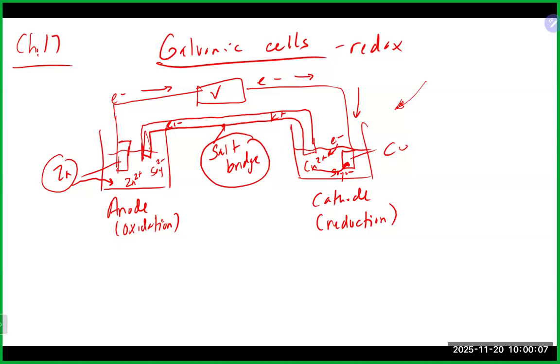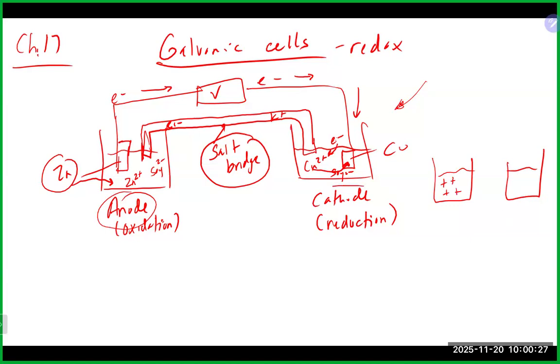Without it, as we talked about before, if you were to pull your salt bridge out, what's going to happen is this side here goes through oxidation, you're going to get more and more ions that are going to drop into solution, become positively charged.